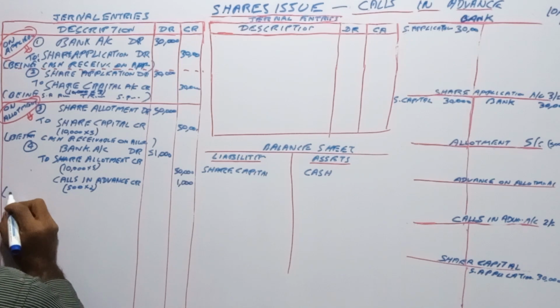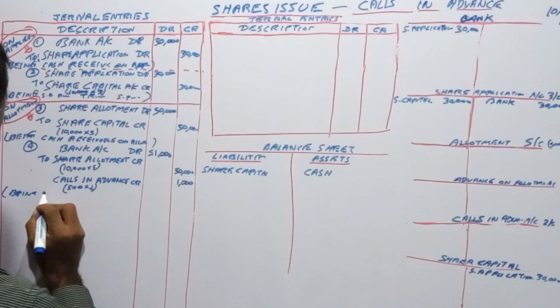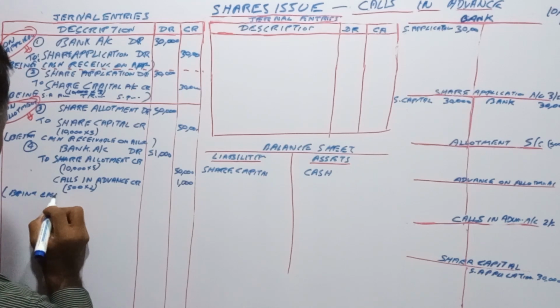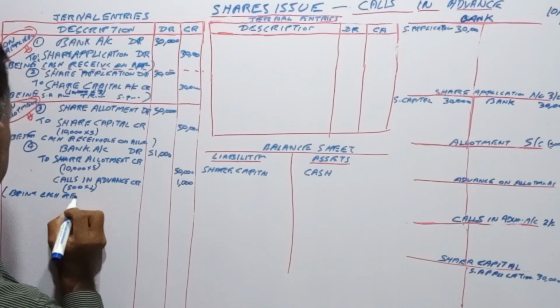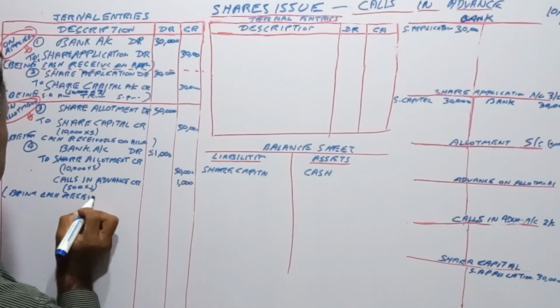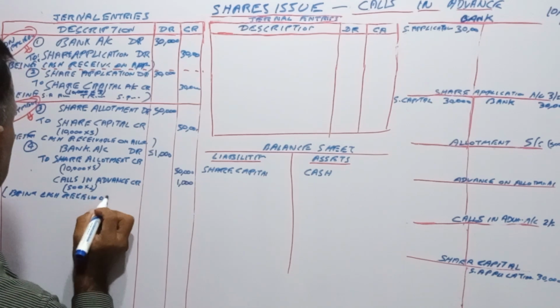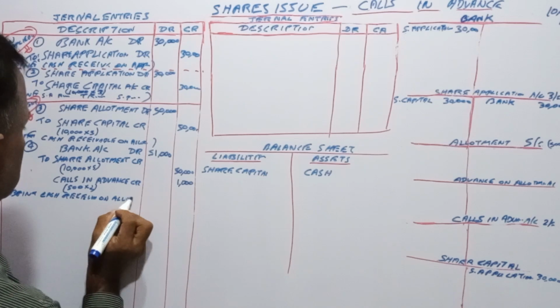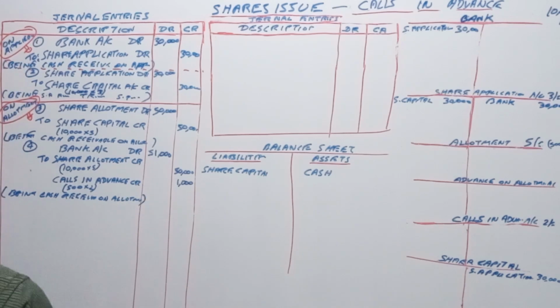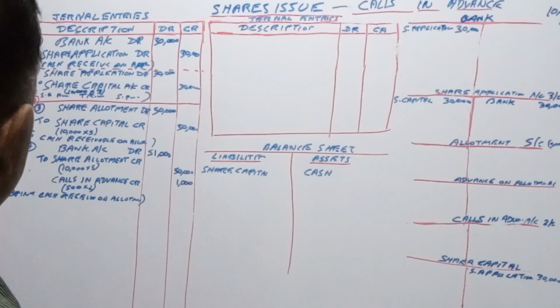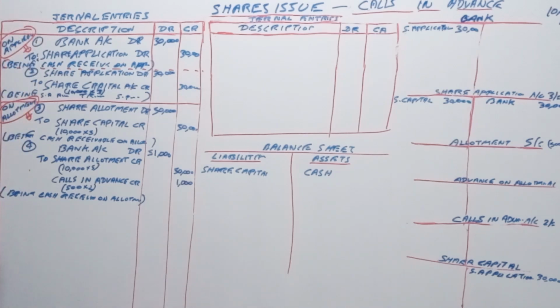Then you have to say being cash received on allotment. Okay, understood.